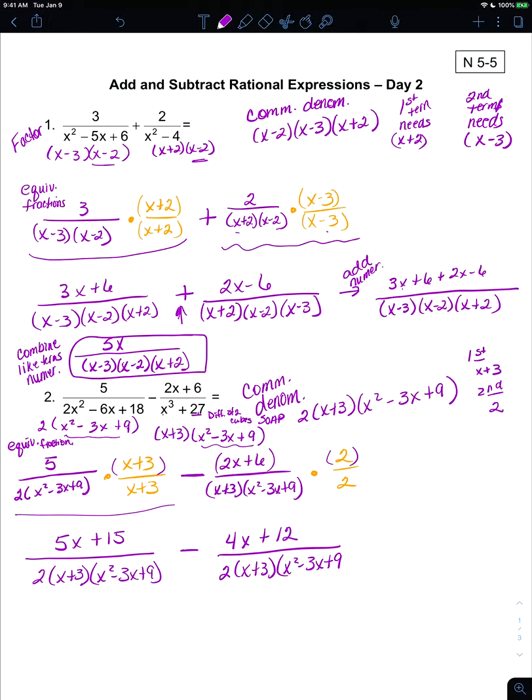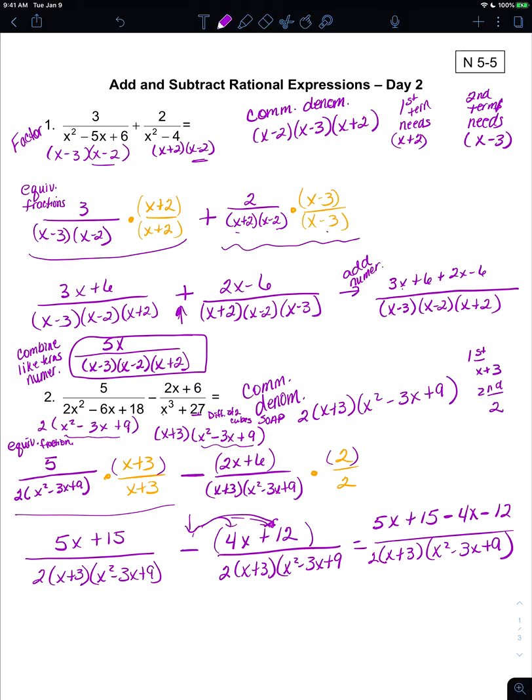All right, so now we're going to subtract our numerator. Since this is a subtraction, remember we have got to distribute that negative sign. So we're going to have 5x plus 15 minus the 4x minus the 12, because remember that's got to be distributed to both of these terms inside those parentheses, and that's all over that common denominator, 2 times x plus 3 times x squared minus 3x plus 9.